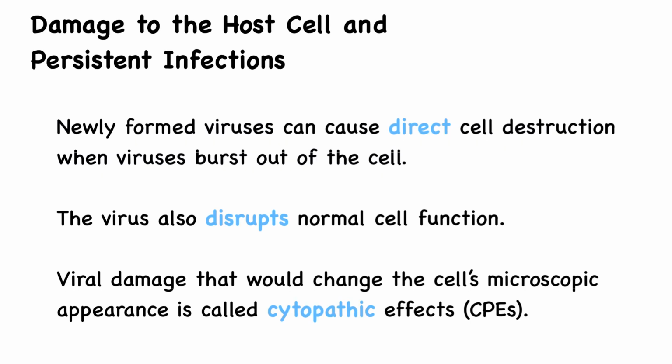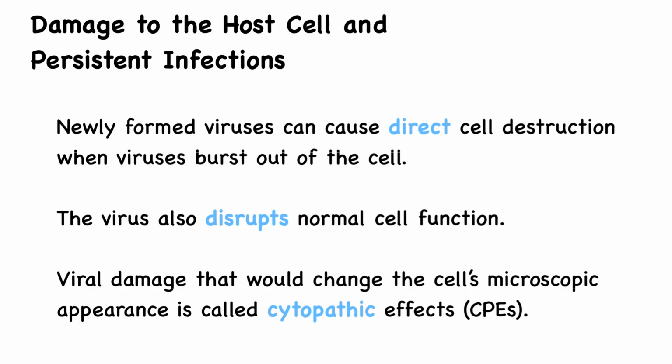Viral infections can damage host cells in several ways. The newly formed viruses can cause direct cell destruction as they burst out of the cell. The virus also disrupts normal cell function by redirecting the cell's resources towards making viral components instead of doing its usual job.